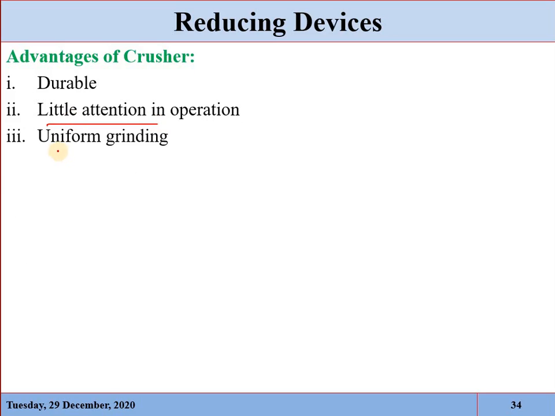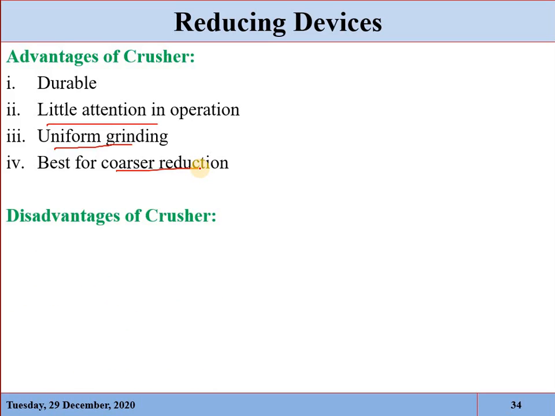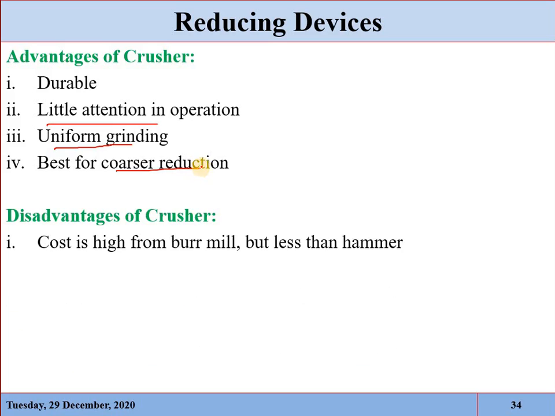Uniform grinding, again the size of the reduced particles will be uniform. Best for coarser reduction, remember it is used for large sizes of particle that are initially converted into small pieces, and then if you want to convert them further into powder form, the attrition mill or hammer mill will be used. The disadvantages are cost is high compared to the burr mill or attrition mill, but less than the hammer mill.